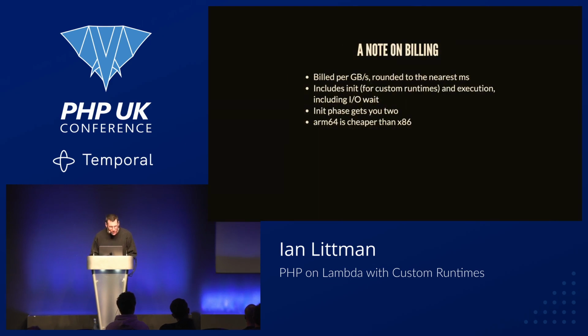So, as mentioned on the billing side, you're billed on gigs of RAM per second at 1 millisecond granularity. There used to be 100 millisecond granularity, which meant you had to make sure you didn't have a function that ran on average for 201 milliseconds, because that would cost you 50% more than one that ran for 199.